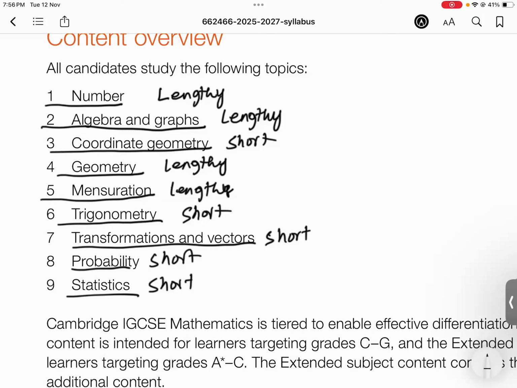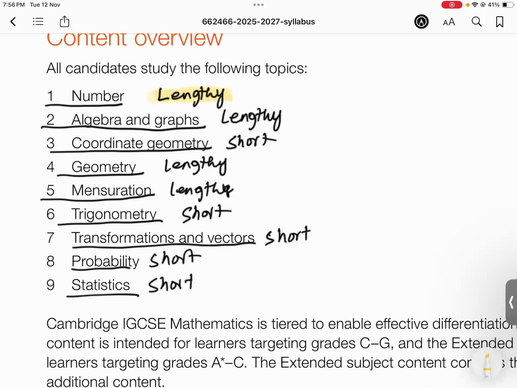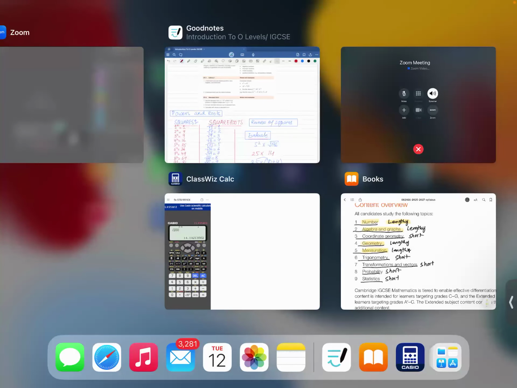So you can see that we technically have four lengthy chapters: number, algebra and graphs, geometry, and mensuration. These four topics are the lengthy topics of our syllabus. The remaining five topics are shorter topics. They will not take that much time, because in those topics every topic is linked to another one. Agree or not? Yes, sir.